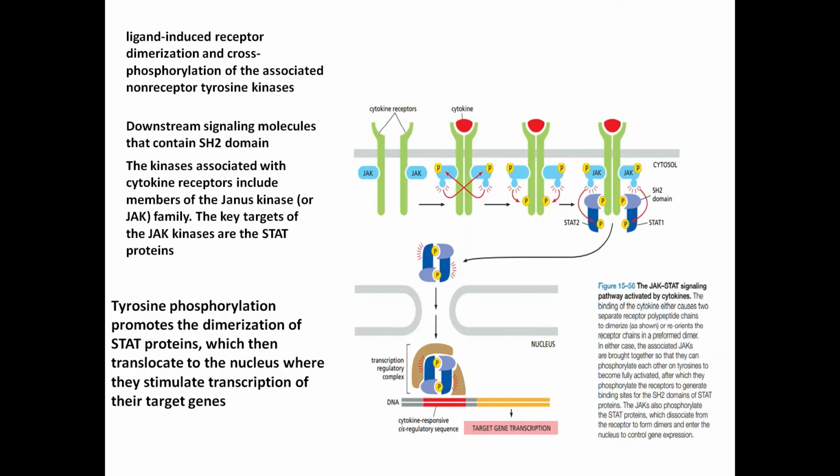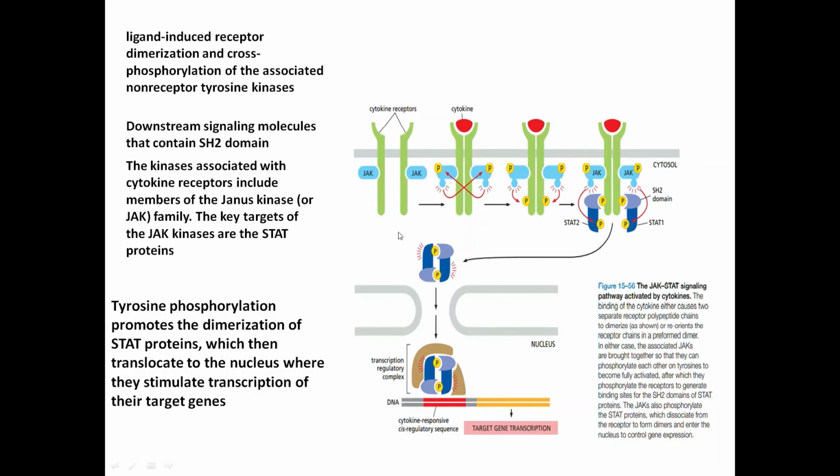So the STAT proteins, after being phosphorylated or activated, will form a dimer, and they will translocate into the nucleus. As you can see, it will translocate to the nucleus, forming a dimer, and in the nucleus there will be gene transcription of cytokine responsive sequence. So I hope this signaling is quite easy.